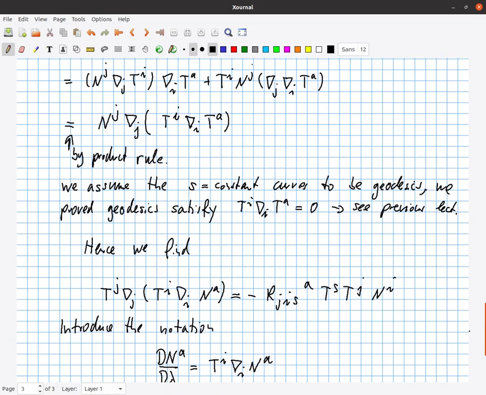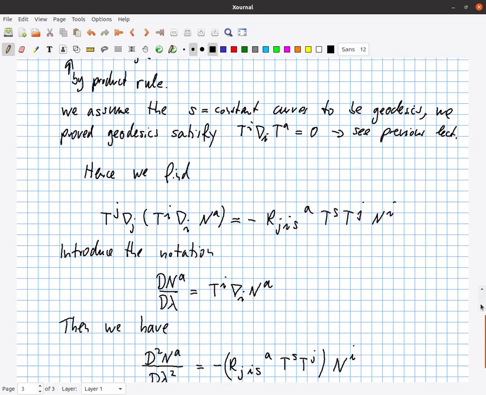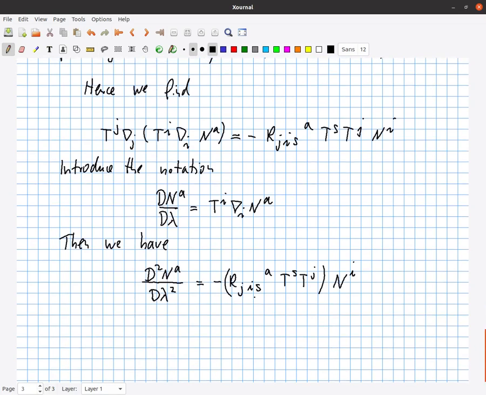And only to make the signs ever so slightly nicer, I'll swap the indices i and j over, which picks up another minus sign to compensate for this one, in which case I then get R^a_{ijs} t^j t^s.